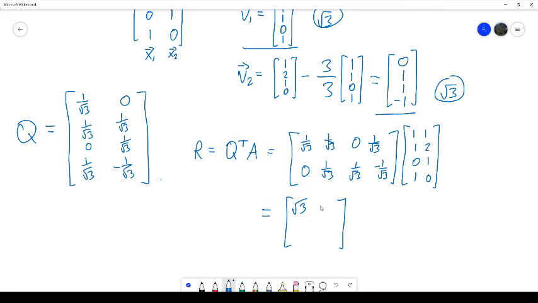So again, we have 3 over root 3, so that's the same thing, root 3. Now, the second row in the first column, we have 1 over root 3 minus 1 over root 3, which gives us a 0. Remember, R is always supposed to be upper triangular, so we're expecting to get a 0 down there. And then the last component is going to be 2 over root 3 plus 1 over root 3, so again, root 3.